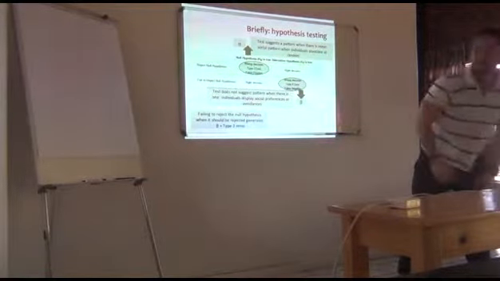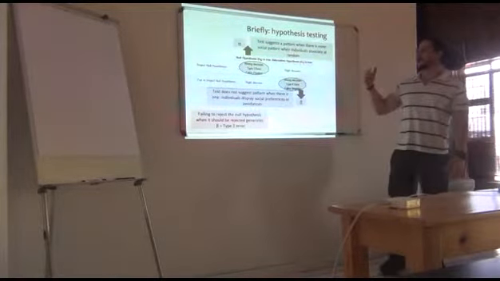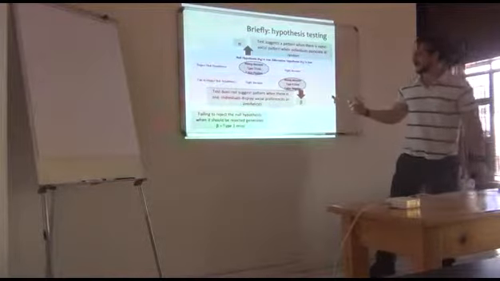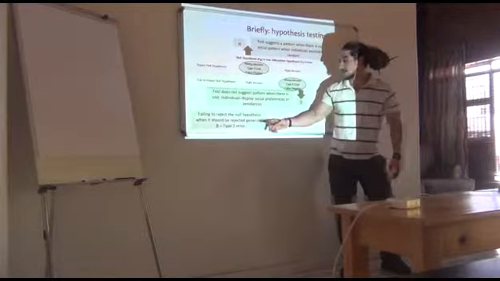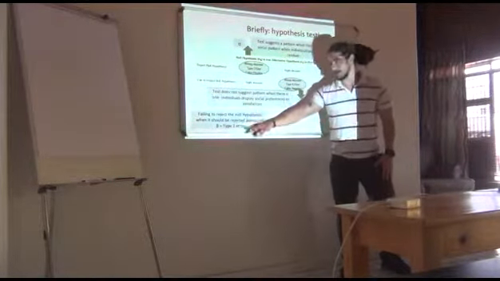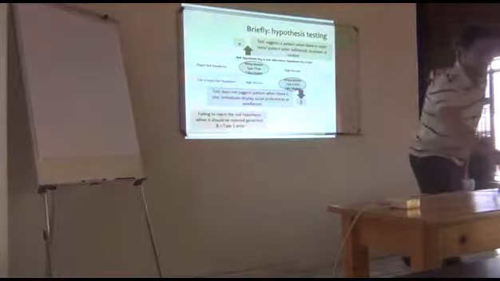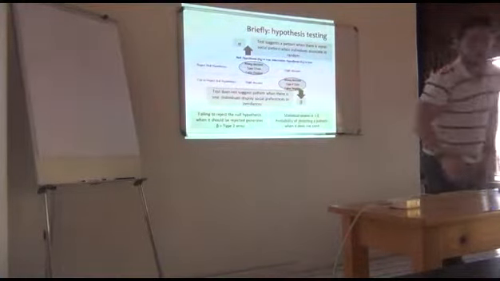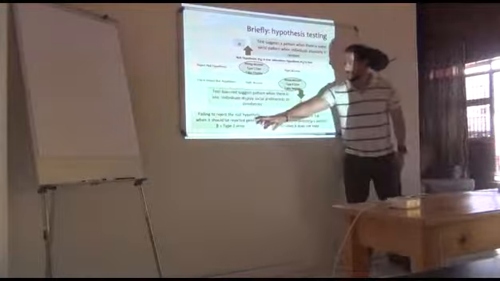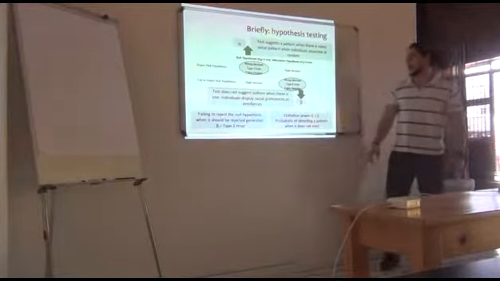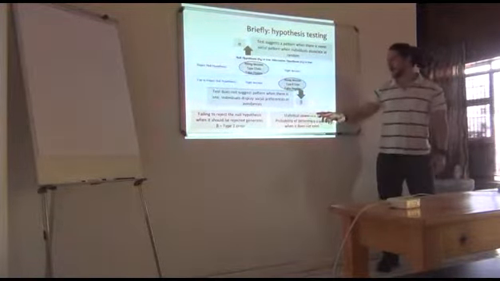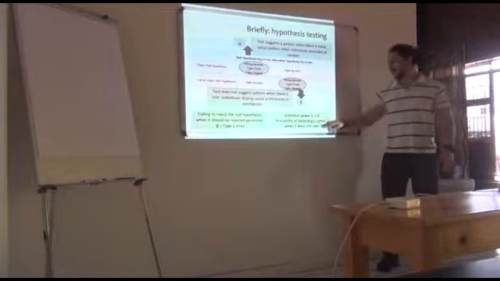Failing to reject a null hypothesis when it should be rejected is what we call beta, the type 2 error. And the statistical power is then 1 minus that beta value. So it's the probability of detecting a pattern when it does exist.